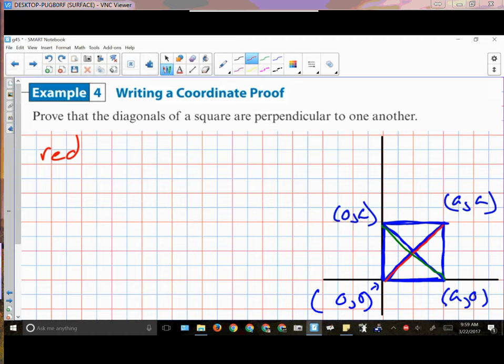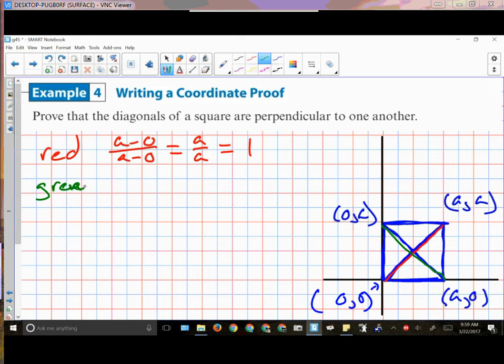So if I start off with the red line, its coordinates, now remember, slope, y2 minus y1 over x2 minus x1. So if I do this, it would be a minus 0 over a minus 0, which is equal to a over a, which could be equal to 1. What about the green line?